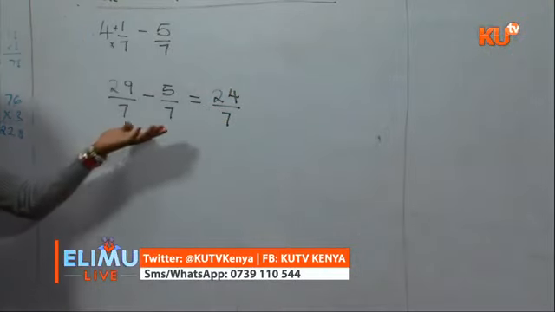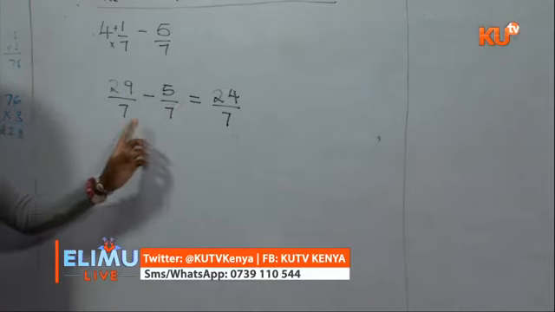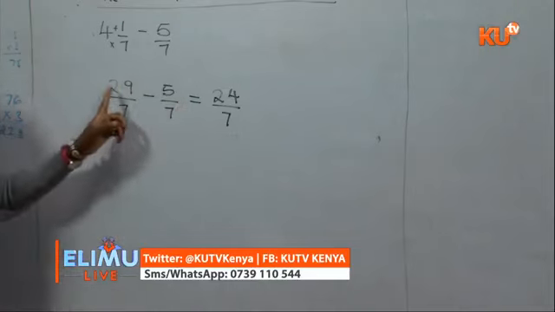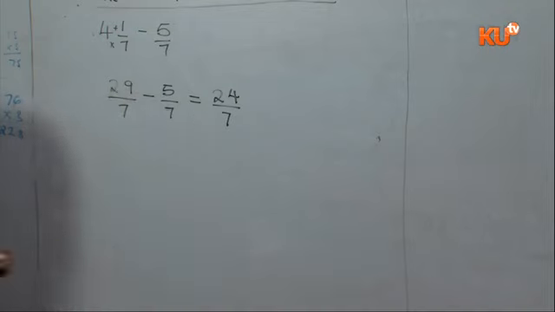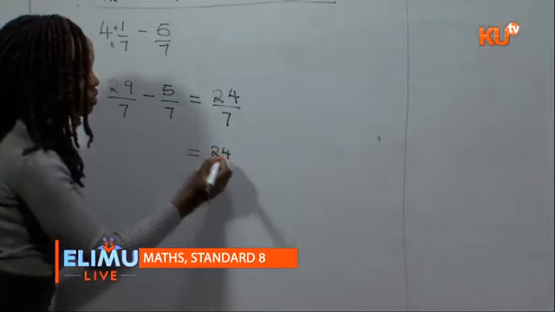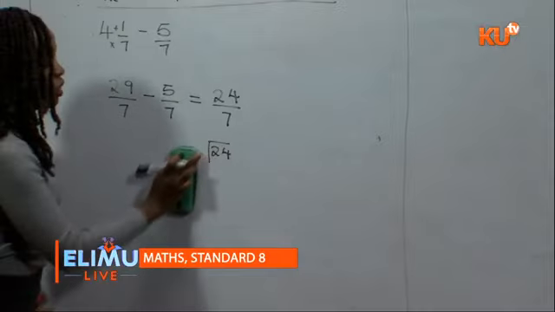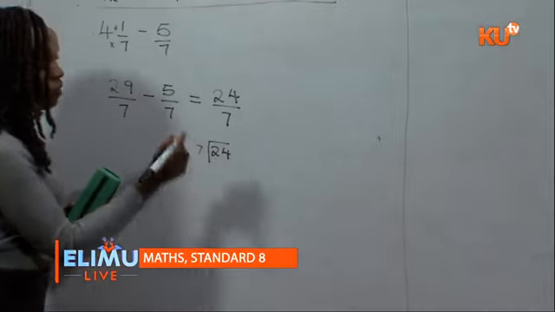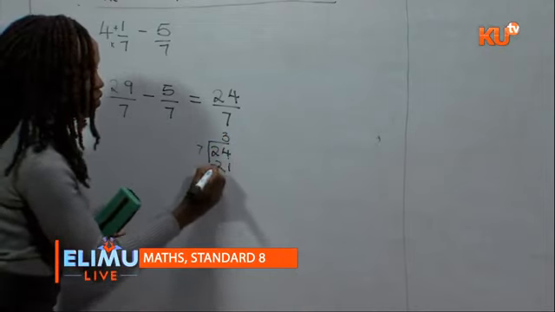The reason why we didn't get the LCM is because the denominators are the same. So we just subtract the numerators. 29 minus 5, we get 24. 24 over 7 is an improper fraction. So we change to a mixed fraction. 7 will go 3 times into 24 because of 21.